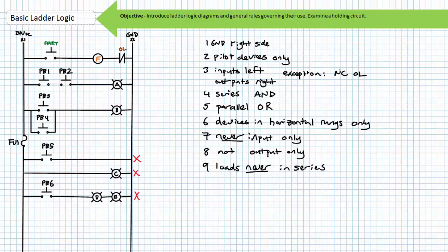Next, loads are never placed in series with one another. Load devices in ladder logic diagrams are designed to operate at full pilot voltage. Assuming equal resistance of lamp D and E, if push button 6 was closed, we would see 12 volts across lamp D and the other 12 volts across lamp E, assuming 24 volts DC pilot voltage.